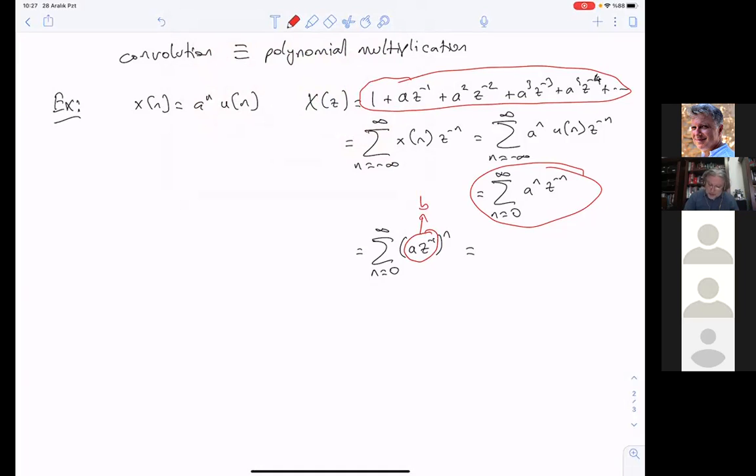Then, writing it in red, it's the sum over n from 0 to infinity of b to the n. Do you know what this summation is? If b is less than 1 in magnitude, if the summation converges, this is equal to 1 over 1 minus b.